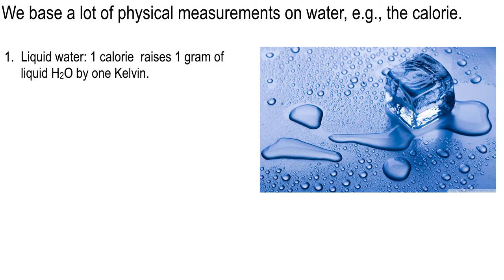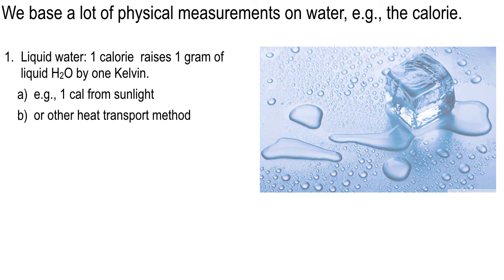Here's a few more blurbs about it. And of course, we've mentioned this already. 1 calorie raises 1 gram of liquid water by 1 Kelvin, or 1 Celsius degree. And that could be a calorie from sunlight, or a calorie from fire, a calorie from friction, rubbing your hands together, or any other source of heat that you can think of.